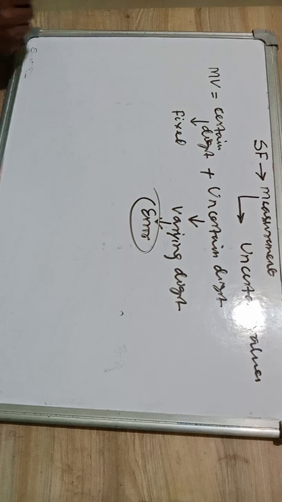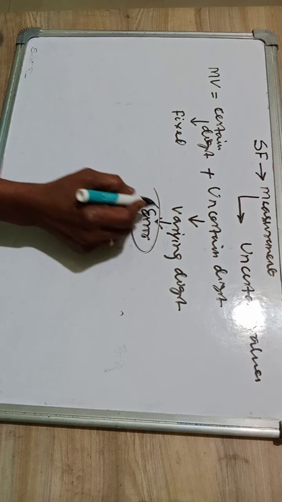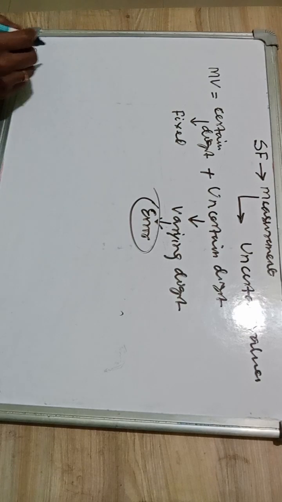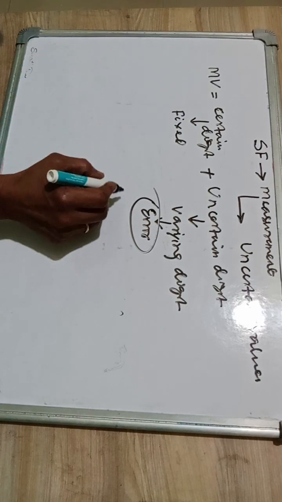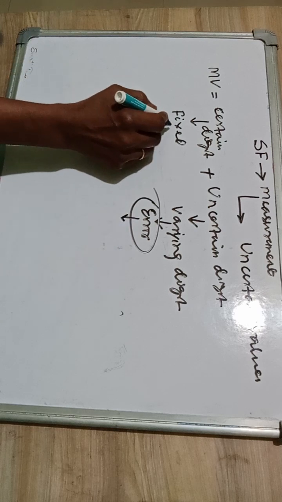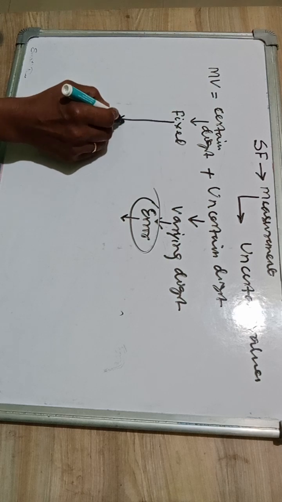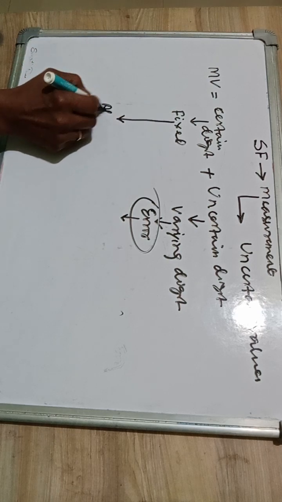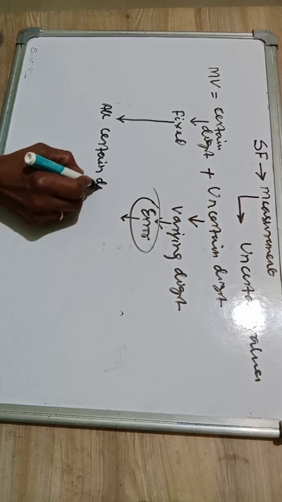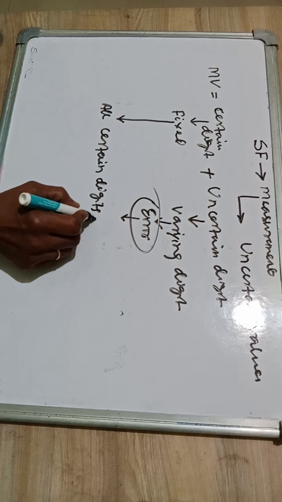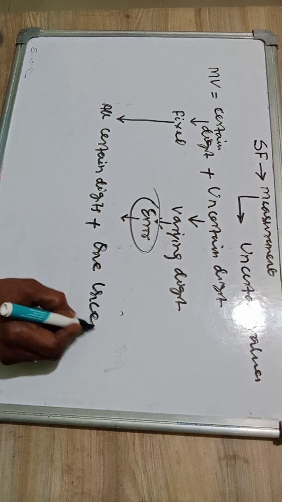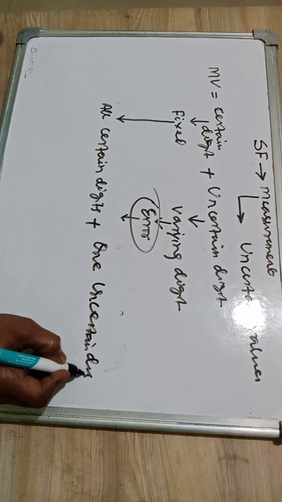Now, to minimize error so that we can have our measured value very near to the true value of the quantity, we'll use significant figures. That means significant figures will consist of all certain digits plus one uncertain digit.